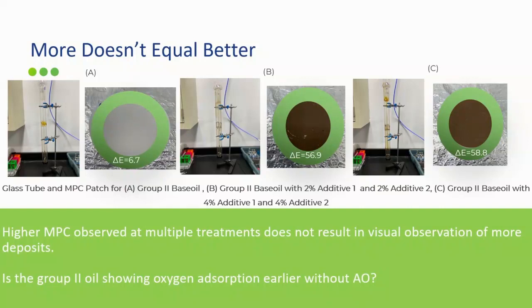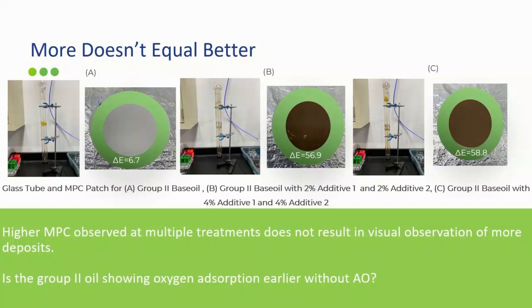While there are similar traits between B and C, such as us still seeing the formation of varnish above the oil line, that trend does not really cross over to the delta E or the MPC patch, where the delta E value is held at 58.8.